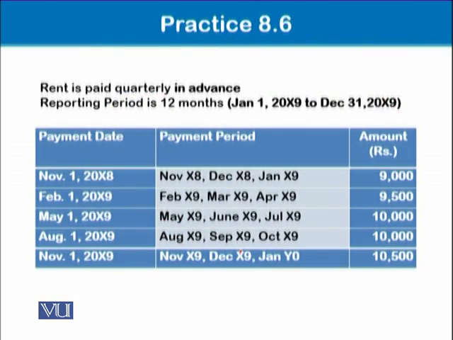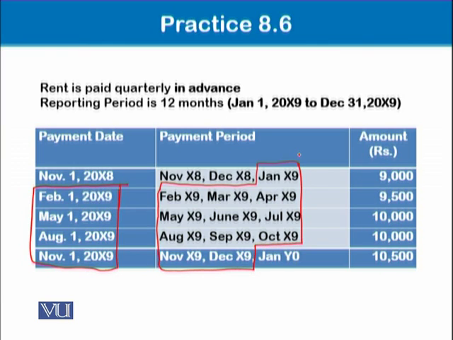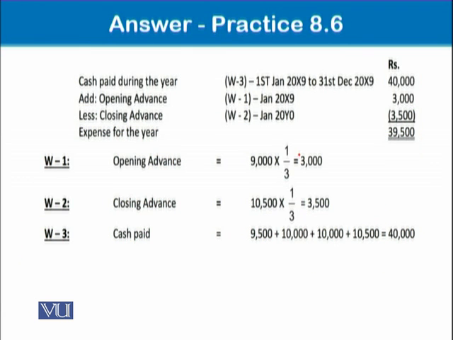The same example is with us, in which this is the period in which we are making payment, and these are the months which are falling in our accounting period. We are familiar with this working now. We have already discussed in the one account method how to work out this expense figure.